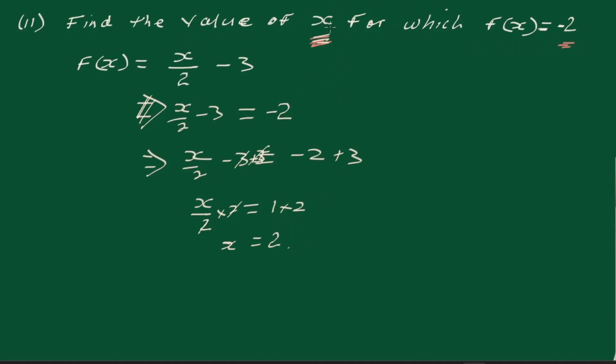In this case here, they are asking us what is the input to the function. That is, what is the x value that went into the function that gave us an output of negative 2. So when we get a question like this, all we have to do is set the equation equal to, in this case, negative 2, and solve for x, and this will give us our answer here.